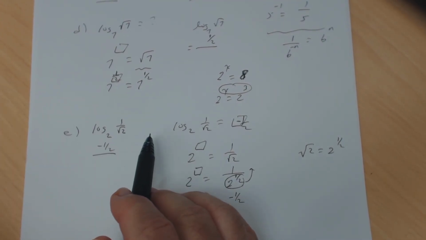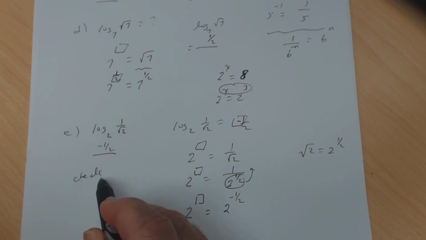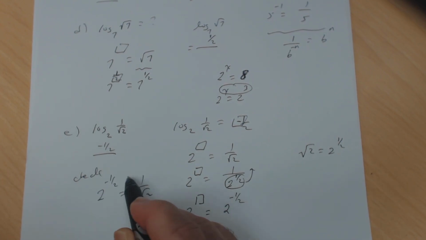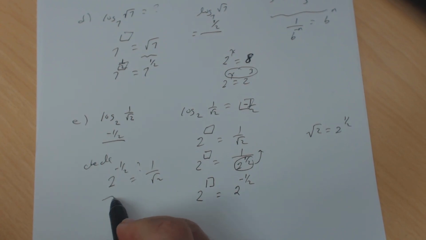So 2 to the negative 1/2 is 1 over the square root of 2. Let's think about this. Is that true? Let's check. Is 2 to the negative 1/2 equal to 1 over the square root of 2? Well, remember, let's rewrite this without a negative exponent, so that part is 1 over 2 to the 1/2.